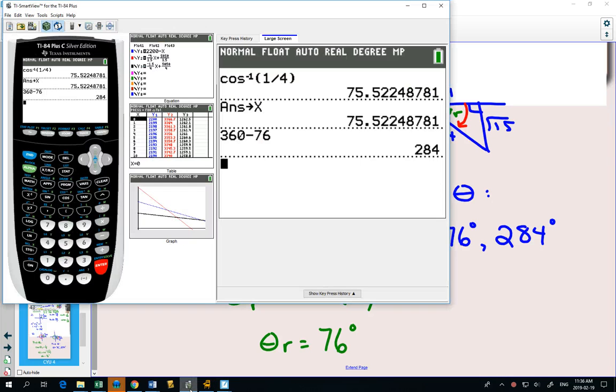I could also, since I've stored my value in my calculator as x, just do 360 minus x. The nice thing about this is it keeps all of the decimal places, and we get 284.4, which rounded to the nearest degree would be 284. We get the same answer, but we haven't rounded until the end.